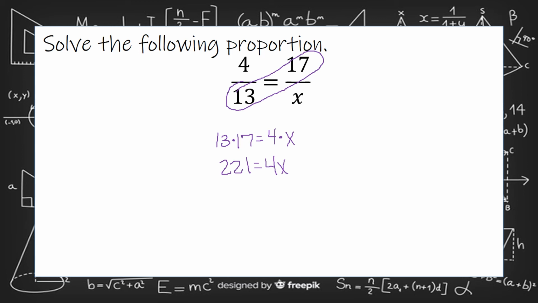Then we're going to get the 4 away from the x because it's being multiplied. To undo it, we're going to divide. When I divide on the right, they cancel out. But what I do to one side, I have to do to the other. So 221 divided by 4.